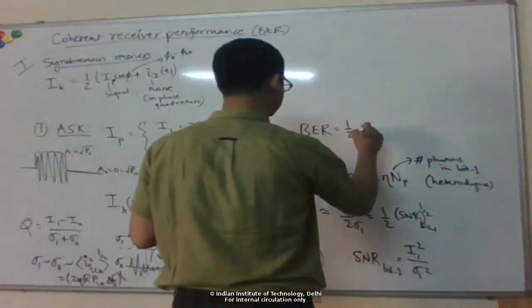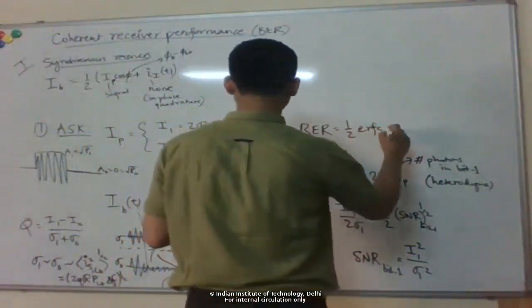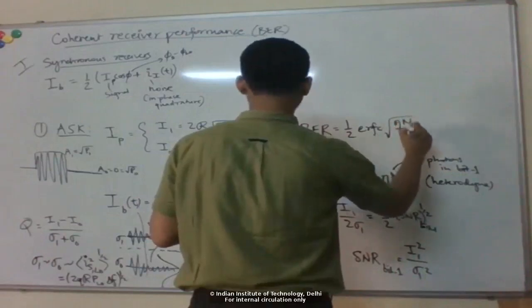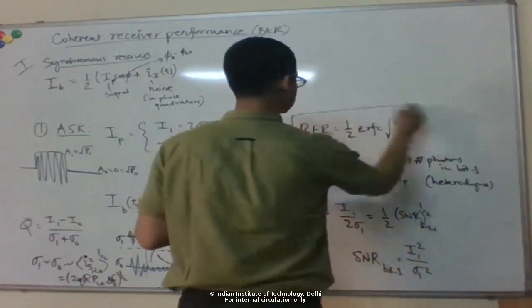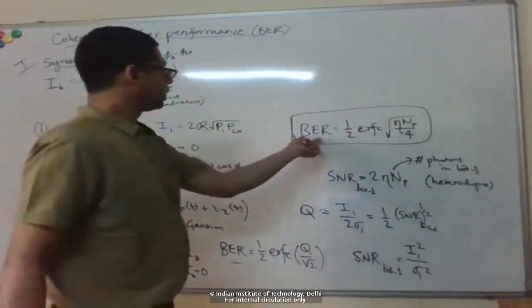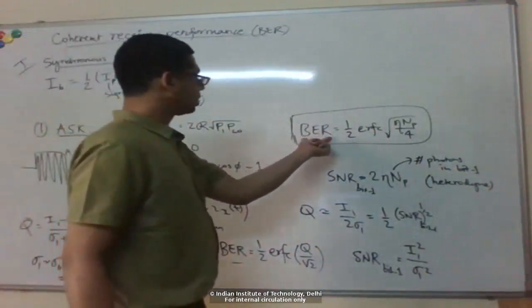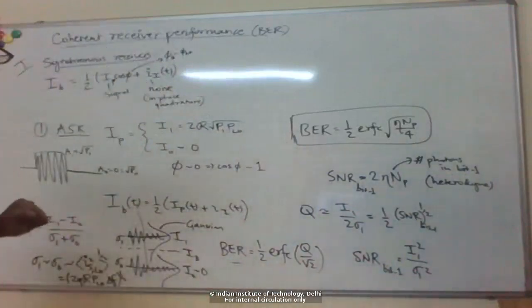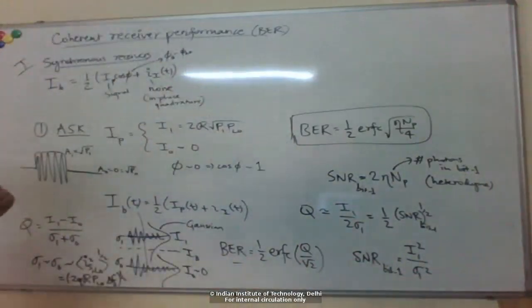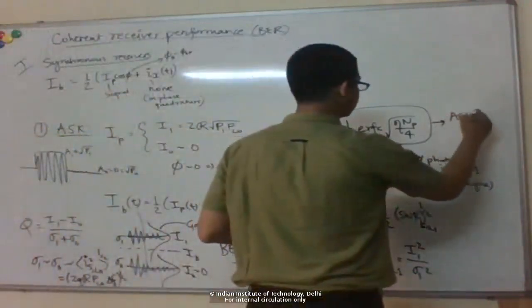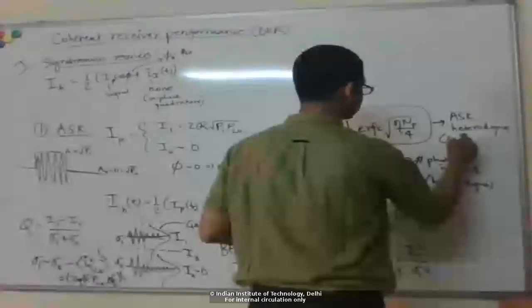So this basically comes out to be, okay, this is the expression for the BER as a function of the number of photons that I receive per bit for ASK heterodyne synchronous detection.